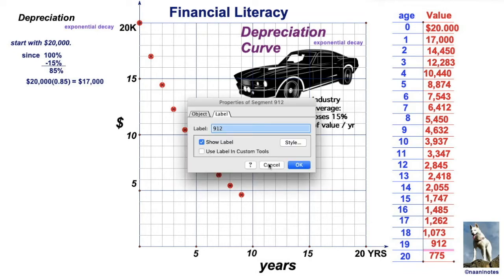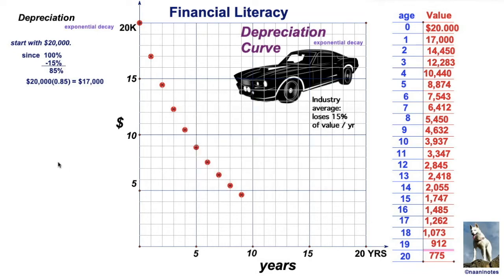Oh, stop. And let's fill them in a little bit at a time. And you can see, if you were doing this manually, check this out. Look how flat the curve gets down here at 14 years. At 15, let's look at the chart. 15, 1,747.